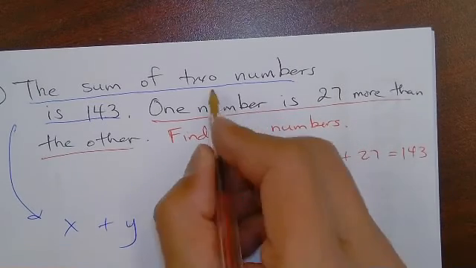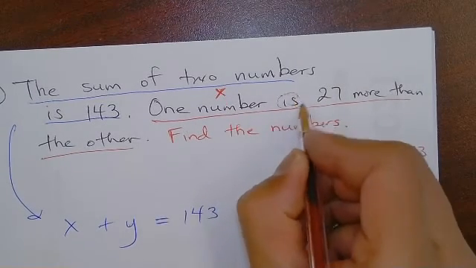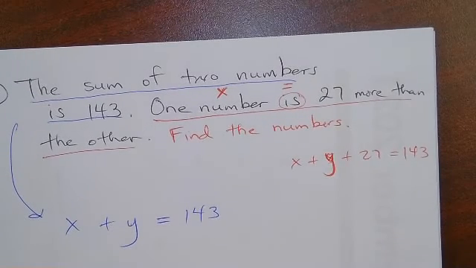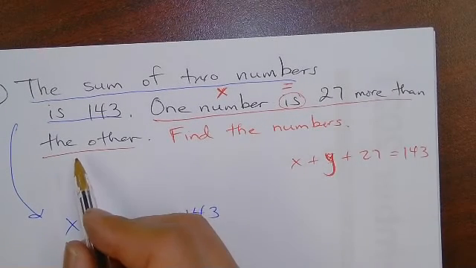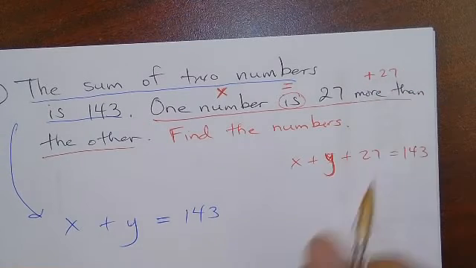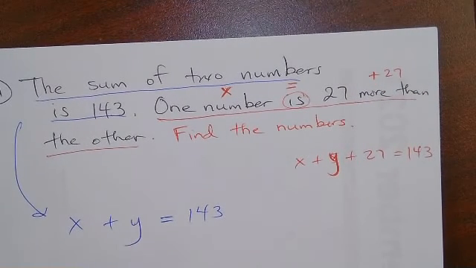Right? This part right here where it says one of the numbers. Let's pick one of them. I don't care which one. One of the numbers, I'm going to say x. One of the numbers is. What does is stand for? Like is equal to. Now, what's 27 more than something? Plus 27. Remember that little backwards trick?